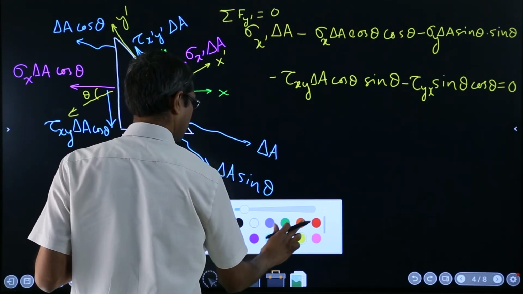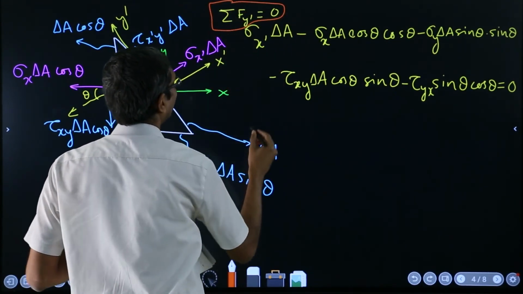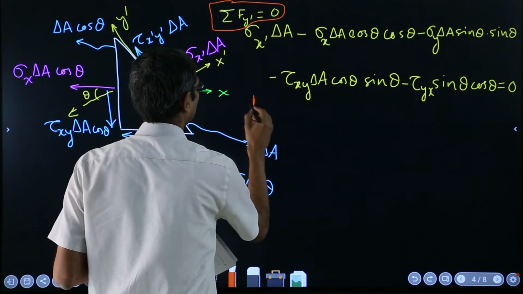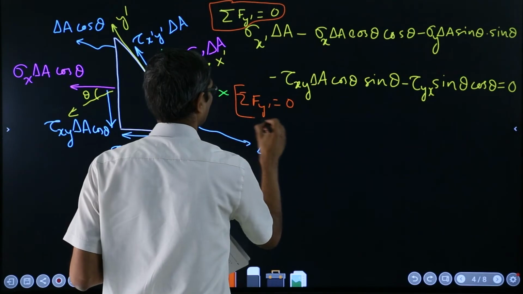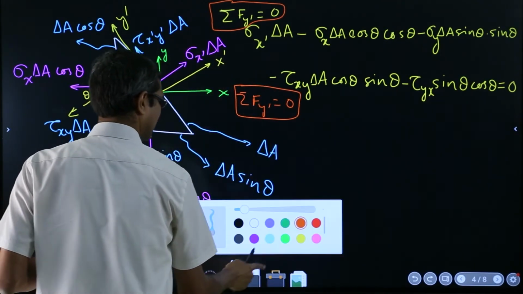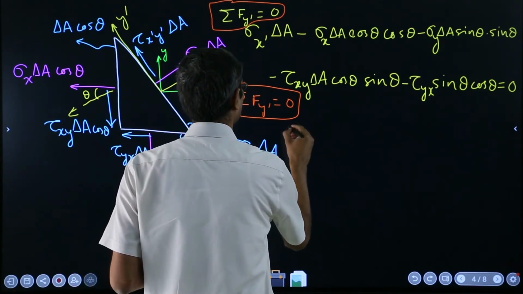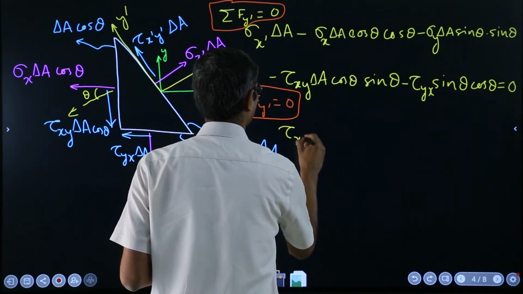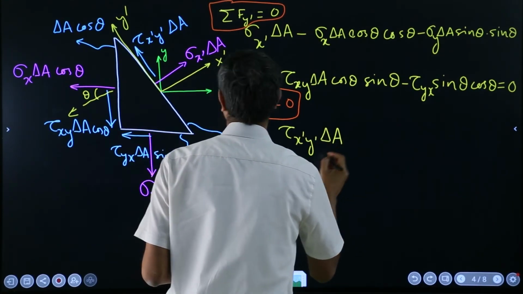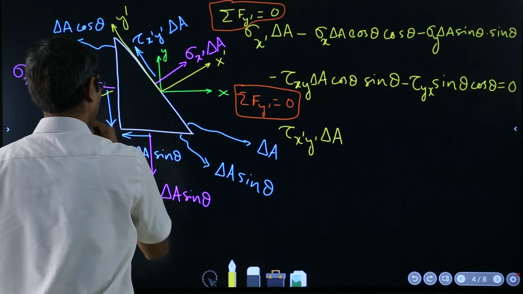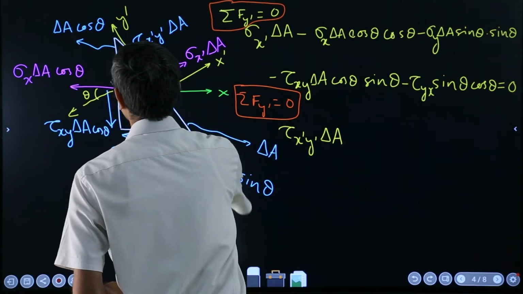So, what you will get is tau x primed y primed delta A. So, that is this, and everything in this form.